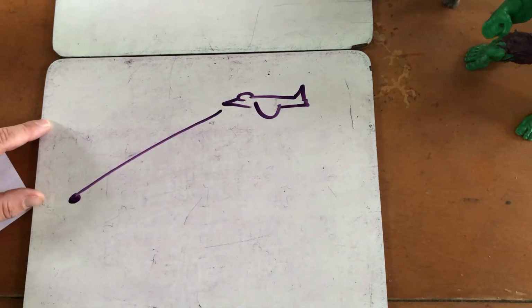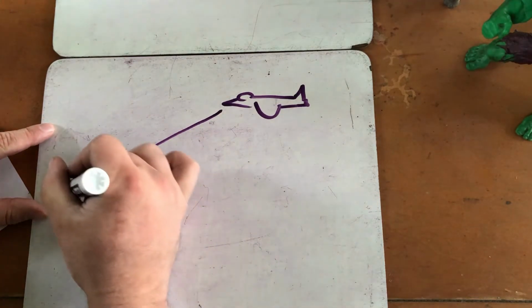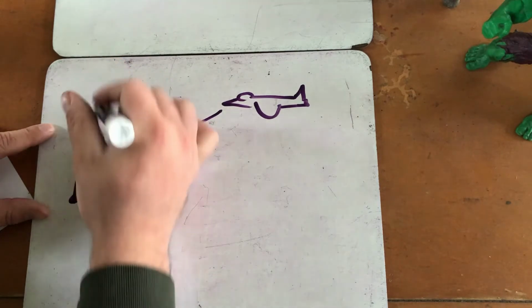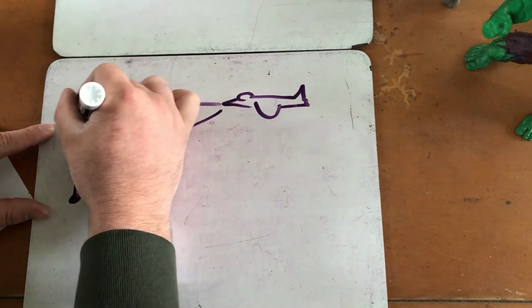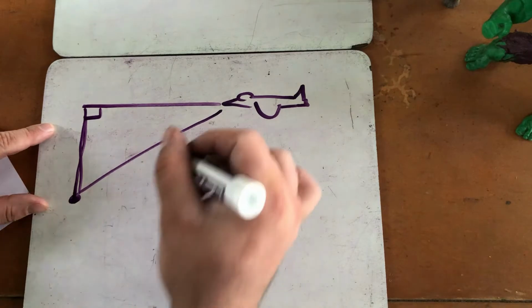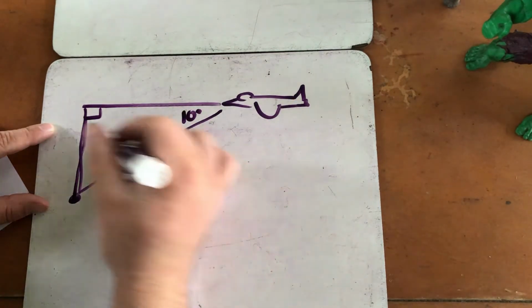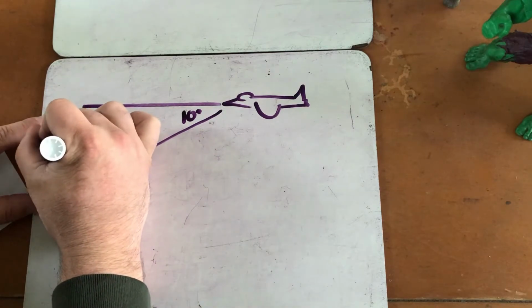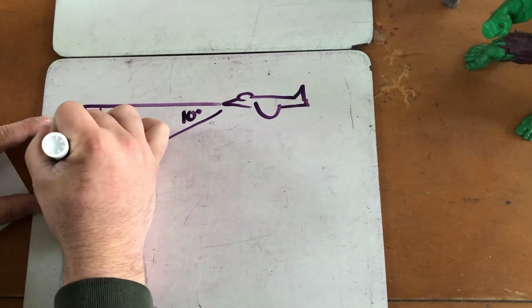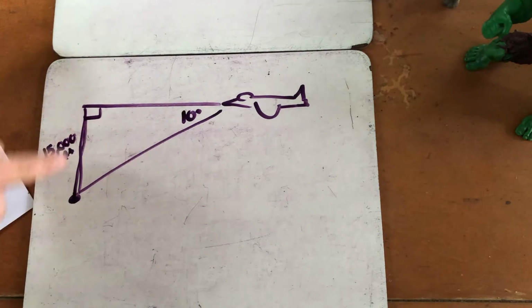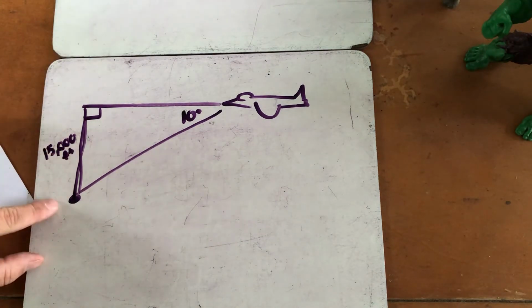Now this triangle is not gonna be to scale and it's not gonna be perfect. But if I'm dealing with the angle of depression, this is the triangle I'm using. So I'm told the angle of depression is 10 degrees, and I'm told that it's 15,000 feet above the ground. So 15,000 feet is how high above the ground the plane is, which is this part.